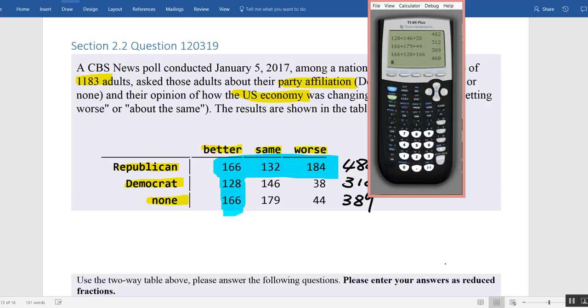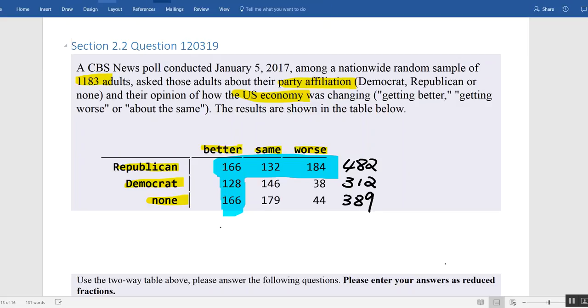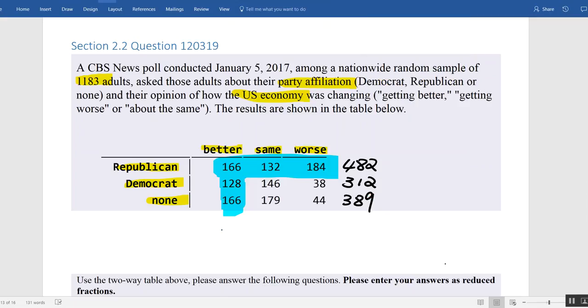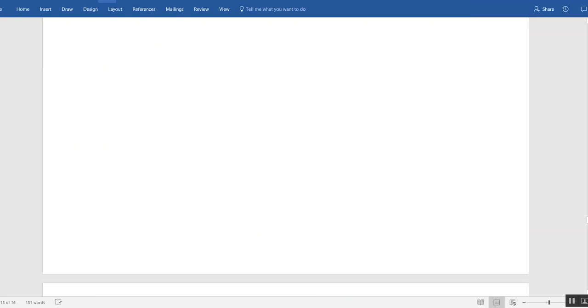So 460 people think the economy is getting better. And how many people think the economy is about the same? That will be the second column. And 457 people.